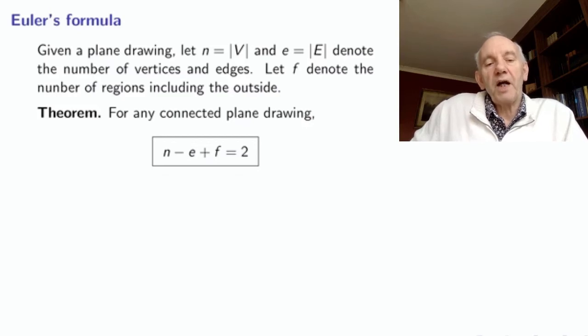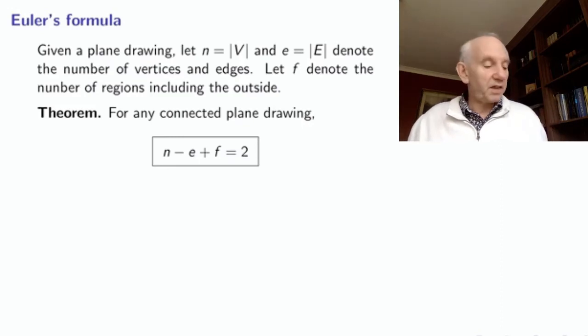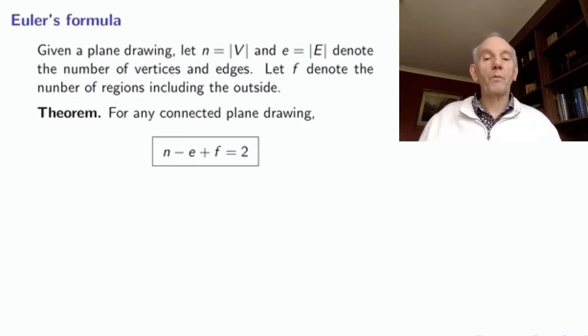So Euler's formula is simply this; let's first of all state it for polyhedra. It just says that the number of vertices minus the number of edges plus the number of faces is equal to 2. Okay, that's the formula.